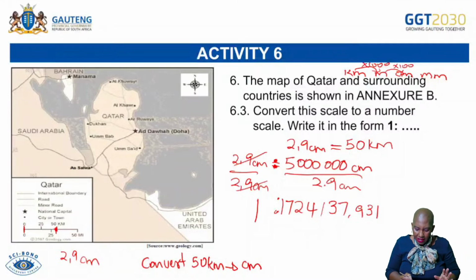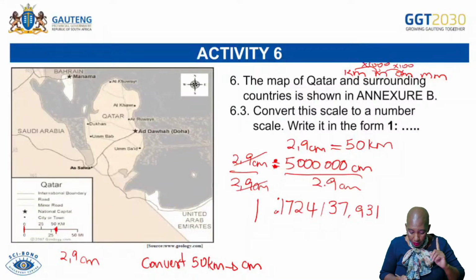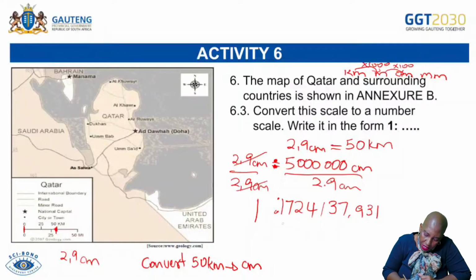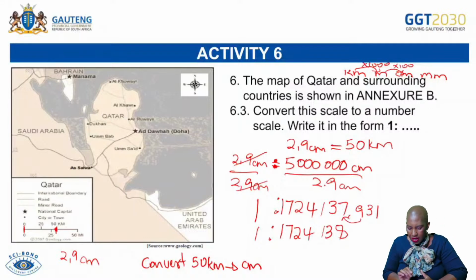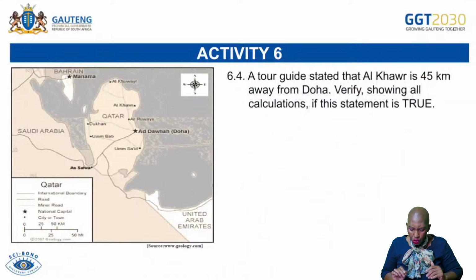That is the scale that they have used for this particular question. You must bear in mind, you must capture that scale. And then remember again, boys and girls, when you work, you just round it off to be 1,724,137. And then you can round it off to be 138, because this 9 will affect it. Now that is the scale. Let's go to the next one.